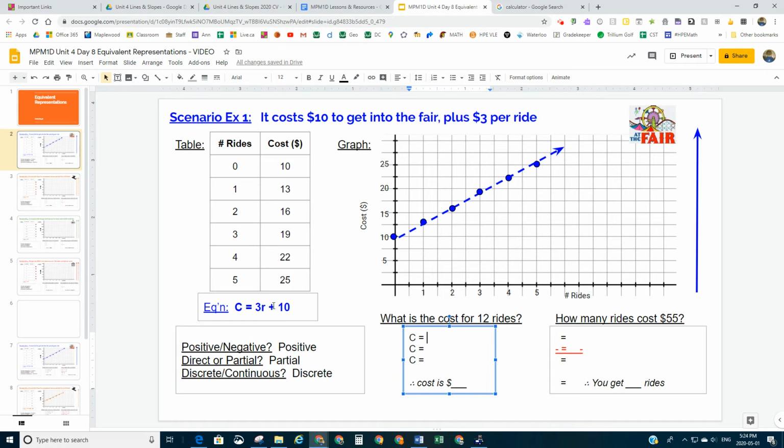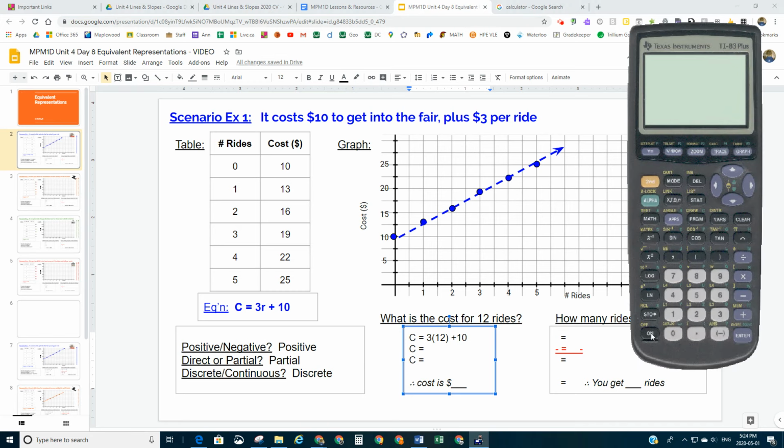So if R is now 12, we're going to substitute that into the equation. It used to be 3 times r, so we're going to type in 3 times 12 plus 10. Okay? And then we can actually do that math.